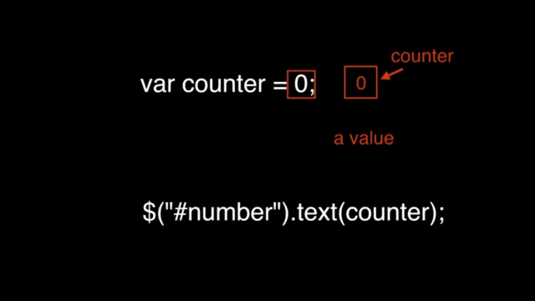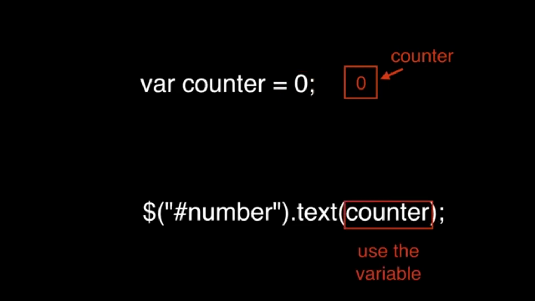And once we have our variable, we can use it in other contexts, just as we can see down here in ordinary JavaScript code. We can use the name of that variable, in this case counter, and wherever we use the name of that variable, it gets replaced by the value in that variable.